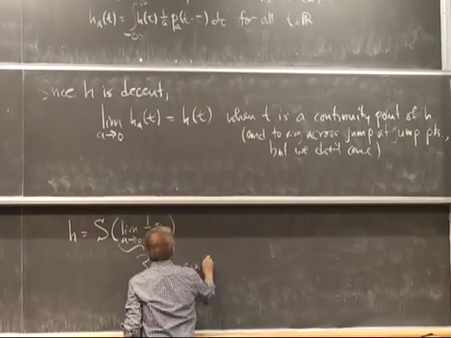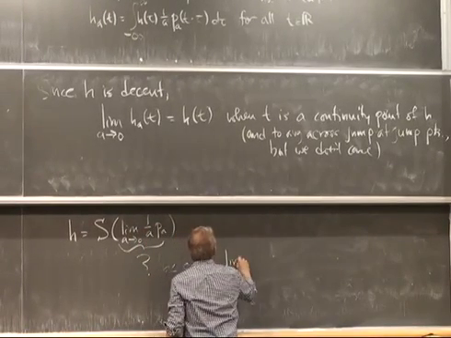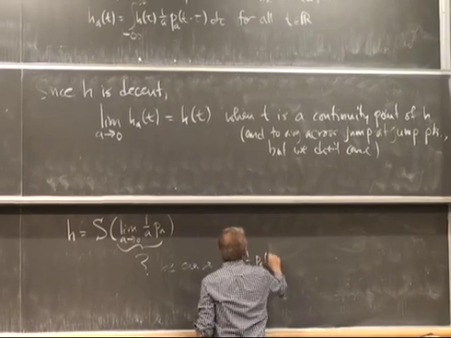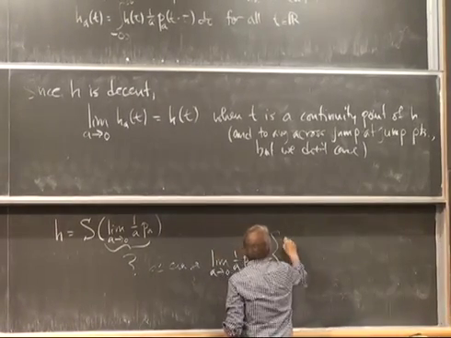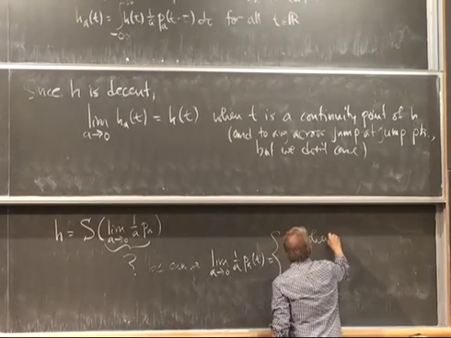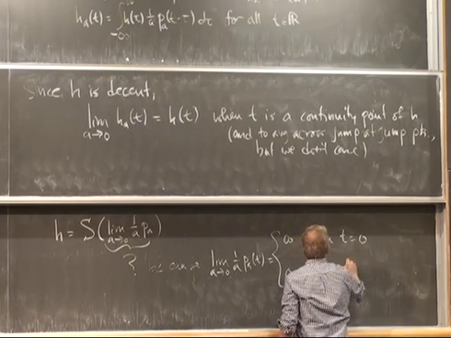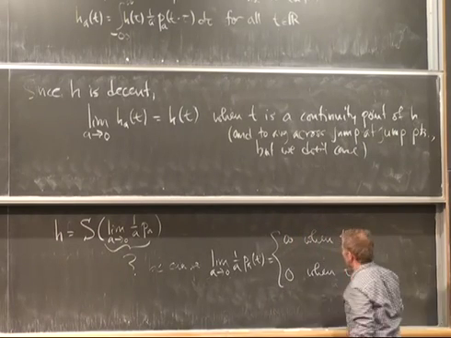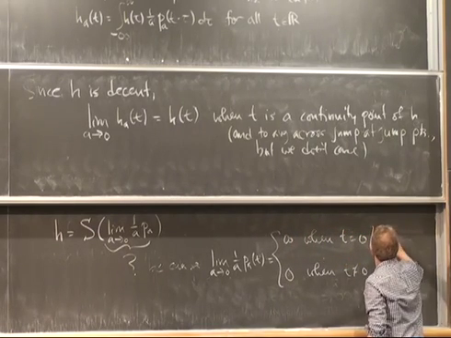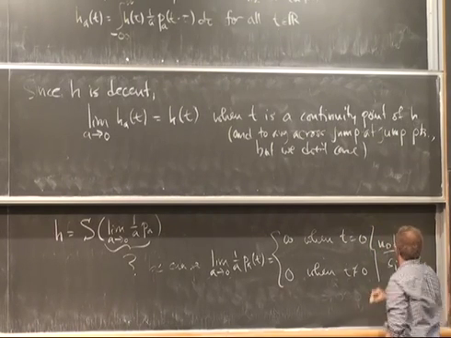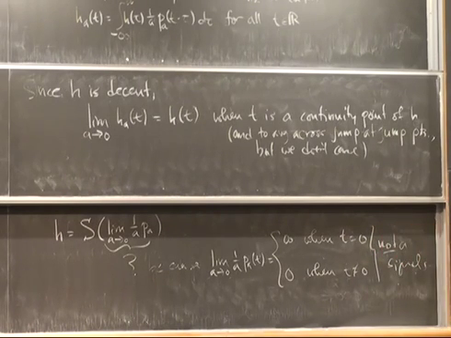Because the limit as a goes to 0 of 1 over a times p_a of t is equal to infinity when t equals 0, and 0 when t is not equal to 0. And this clearly is not a signal. Signals are things that take on numerical values, and infinity doesn't count as a numerical value.